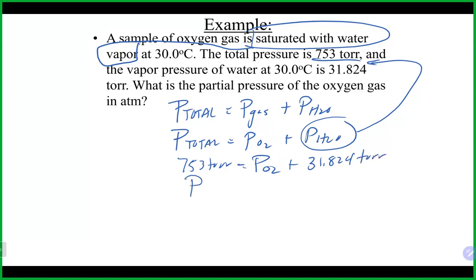That means the partial pressure of oxygen would be our total pressure minus our vapor pressure of water. That's going to give us 753 minus 31.824, which is 721 torr, the pressure of the dry oxygen gas.